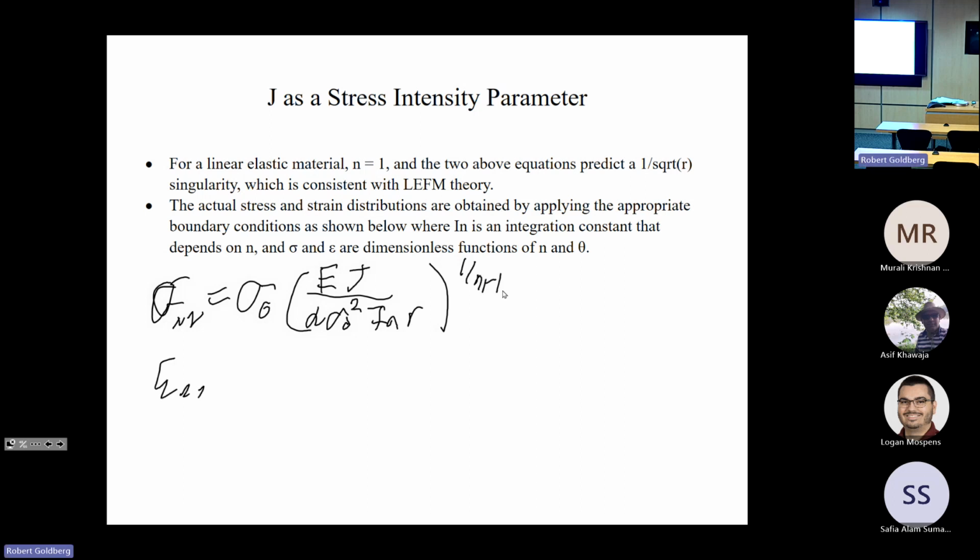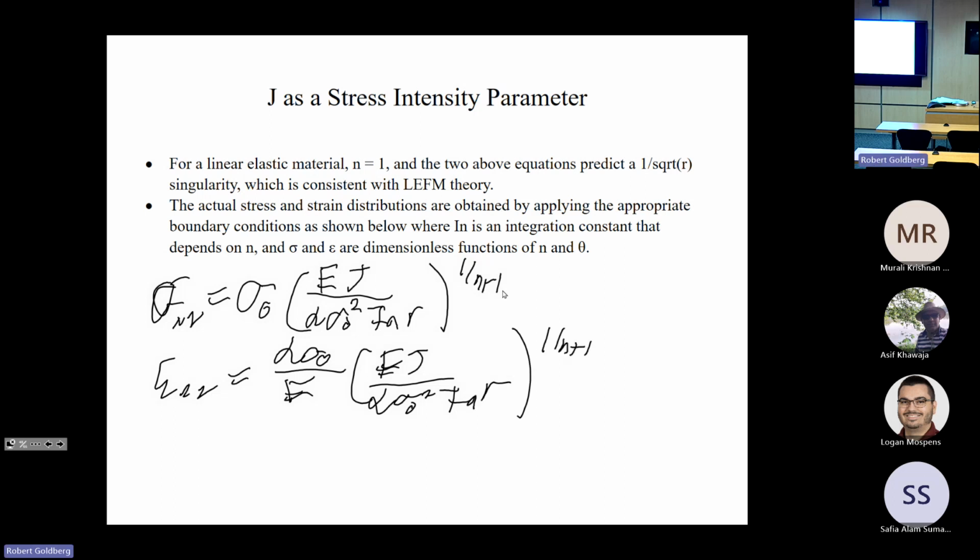Likewise, your strains are equal to alpha times sigma 0 divided by E times J divided by alpha sigma naught squared In times r, once again to the 1 over n plus 1 power. This is multiplied by stresses as a function of n and theta, and strains as a function of n and theta.